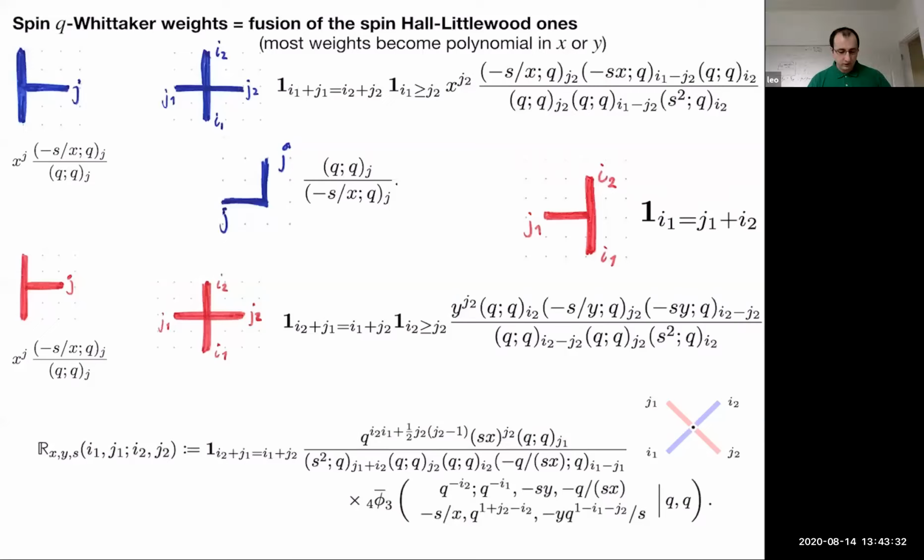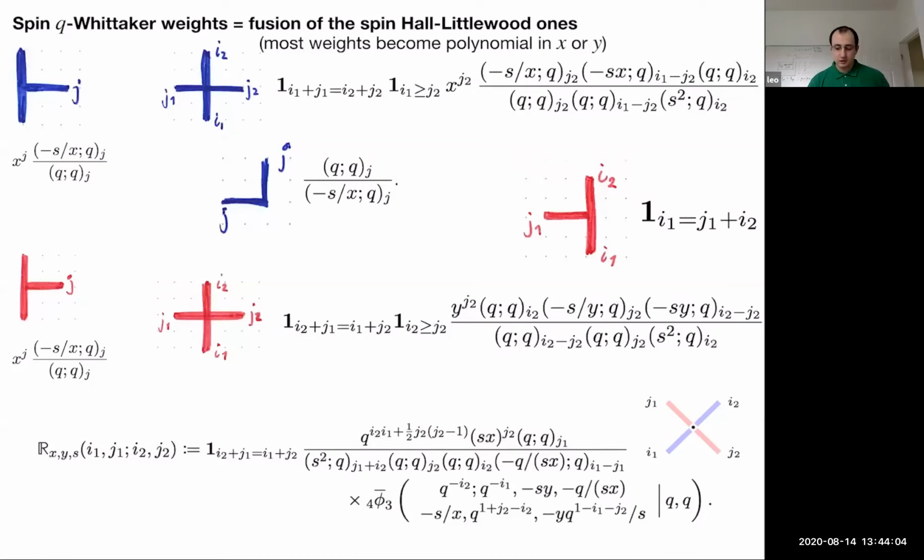So in the spin-Hall-Littlewood case, I'm allowing at most one arrow going in the horizontal direction. Oh, so you've only fused vertically so far? Yeah. And then from spin-Hall-Littlewood to spin-Q-Whittaker, I'm fusing horizontally by allowing the i and j numbers to be arbitrary non-negative integers, like you see. These are q-Pochhammers.